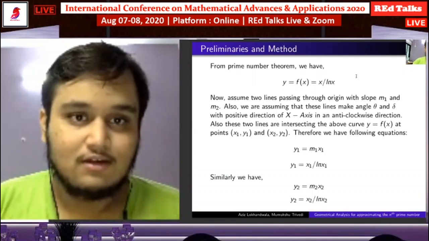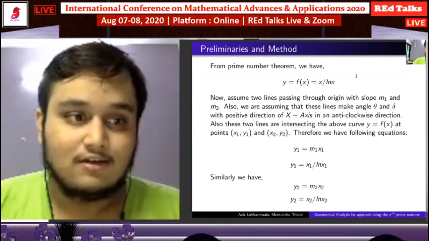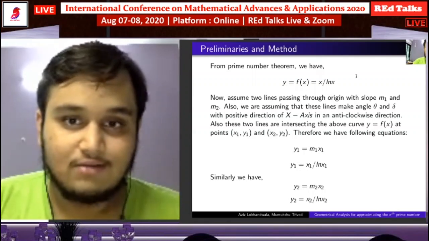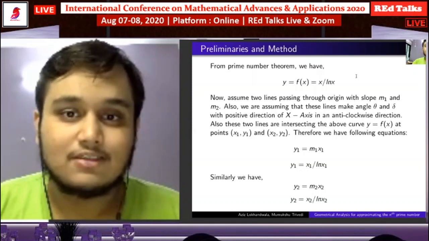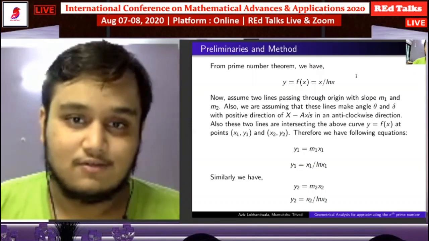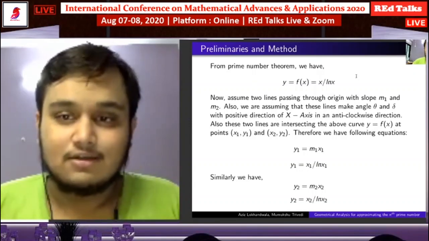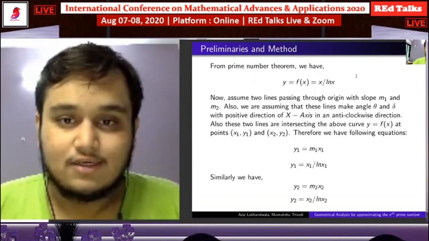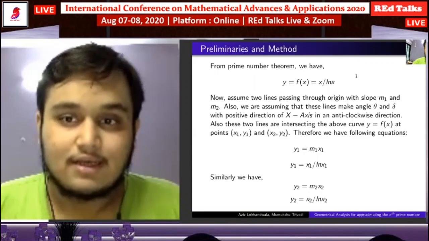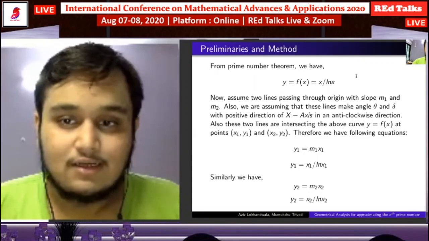Firstly, as we know, the prime number theorem, if we want to find the number of primes less or equal to x, is given by an asymptotic formula, which is y equal to x over log x. Now, here we assume two lines passing through origin with slope m1 and m2. Also, we are assuming that these lines make angle theta and delta with positive direction of x-axis in an anticlockwise direction.